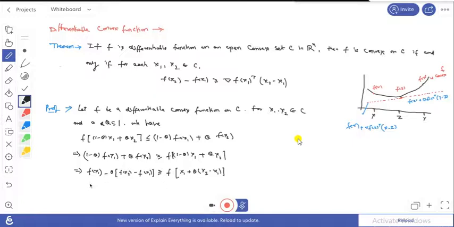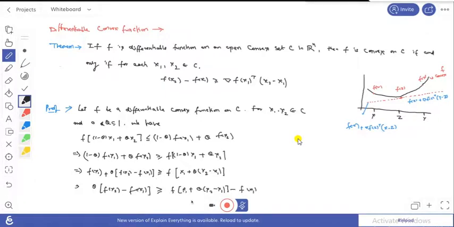Now this implies that this becomes 1 minus this plus f(x2) minus f(x1), so this sign becomes plus because f(x2) has a plus sign. So this is theta of f(x2) minus f(x1), which is greater than or equal to f(x1) plus theta gradient... minus f(x1), because this f(x1) goes to the right hand side.